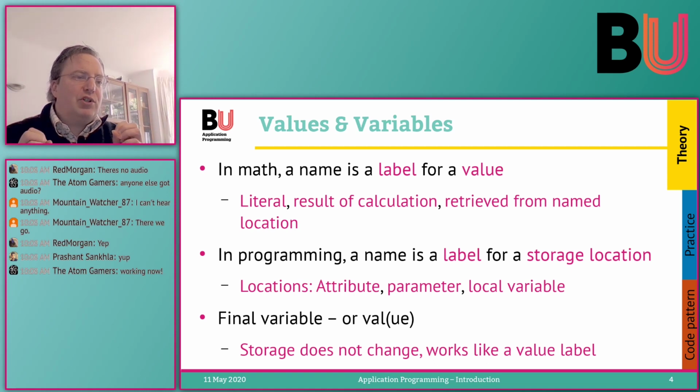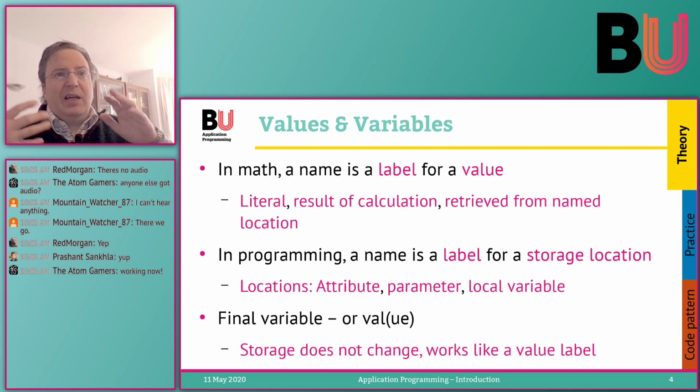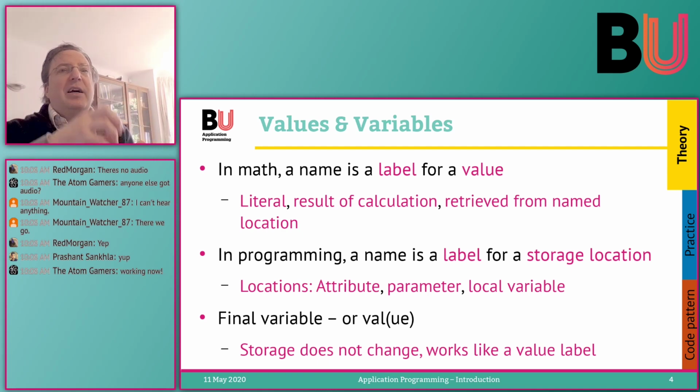With one additional proviso, that is that if things inside your value can change, that is still changeable. Whereas in math, a value is that and it can never change.